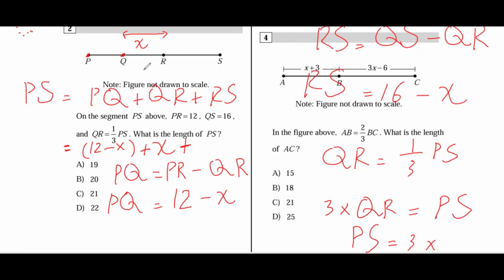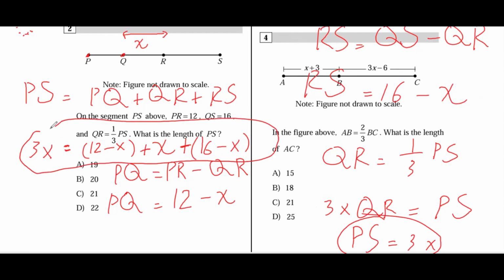And what would be the value of RS we have found? For RS, 16 minus X. And what is the length of PS we have found here? 3x. Now solve that equation in your notebook and tell me what is the value of x.